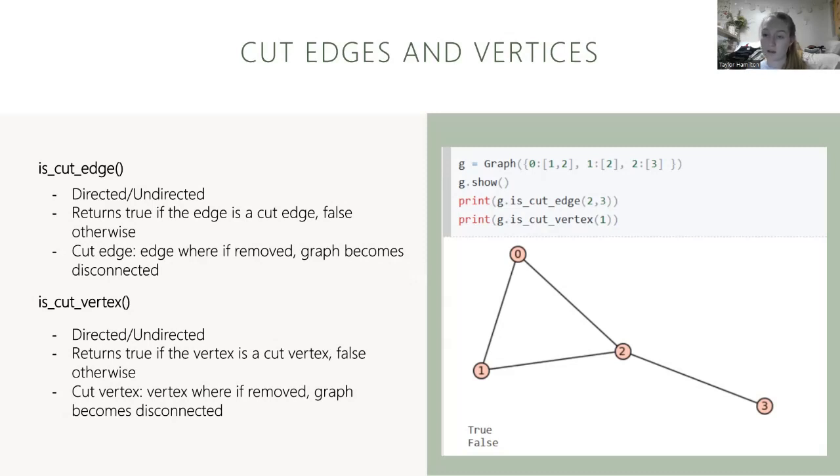There'd still be a path connecting each pair of vertices. But for example, if I had called is cut vertex on the vertex 2, it will return true because 2 is a cut vertex. If 2 were to be removed, again, you'd have that isolated vertex 3 and then 0, 1 would be connected. So you would have 2 connected components there. So that's what I have to say about connectivity and connectivity operations and connectivity functions on connected components.